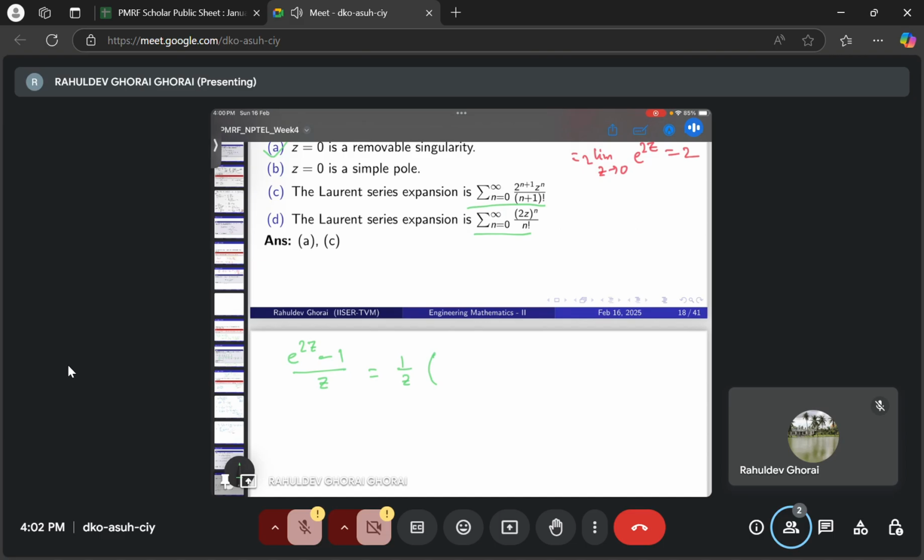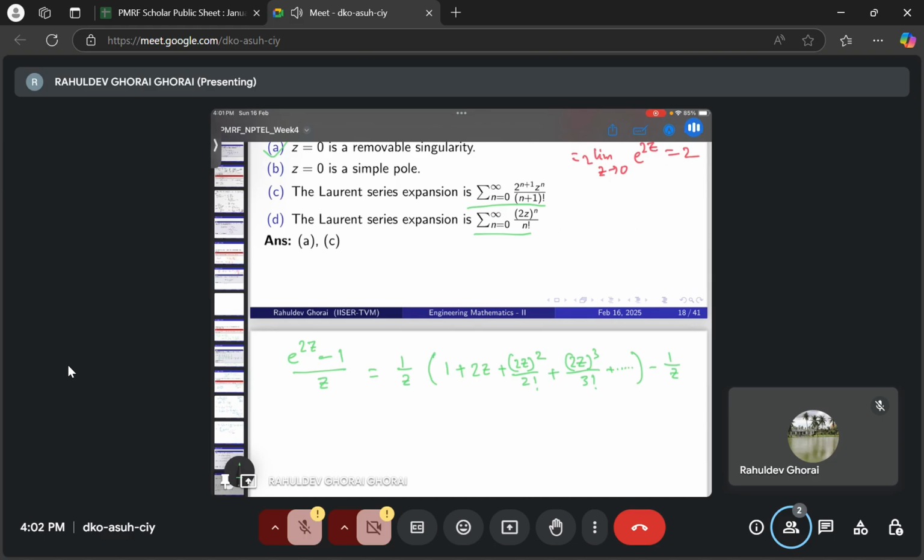What is the formula for e to the power x? 1 plus x plus x square by 2 factorial, so 1 plus 2z plus (2z) whole square over 2 factorial plus (2z) whole cube over 3 factorial plus and so on, minus 1, all over z.